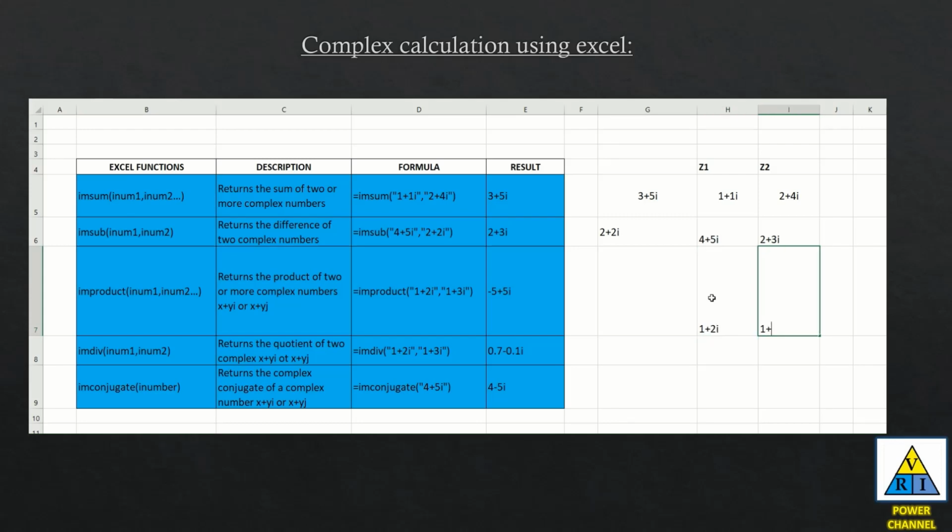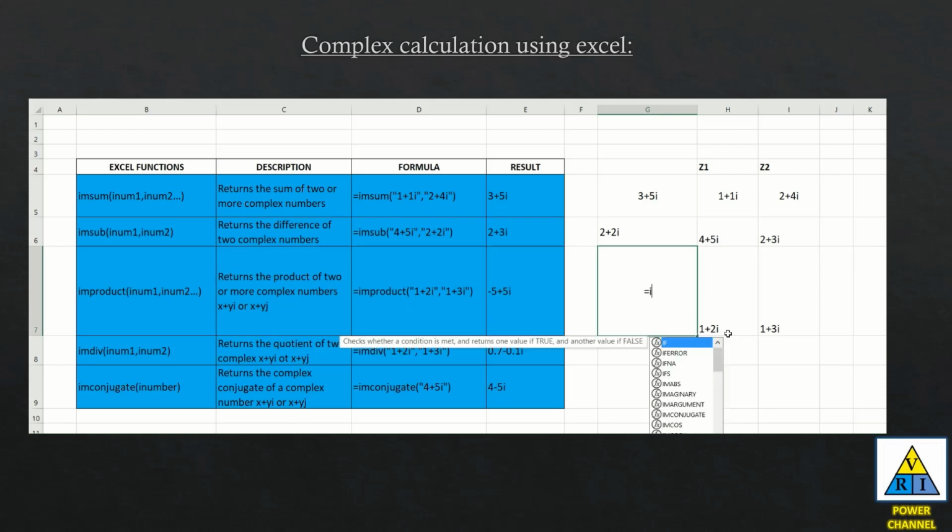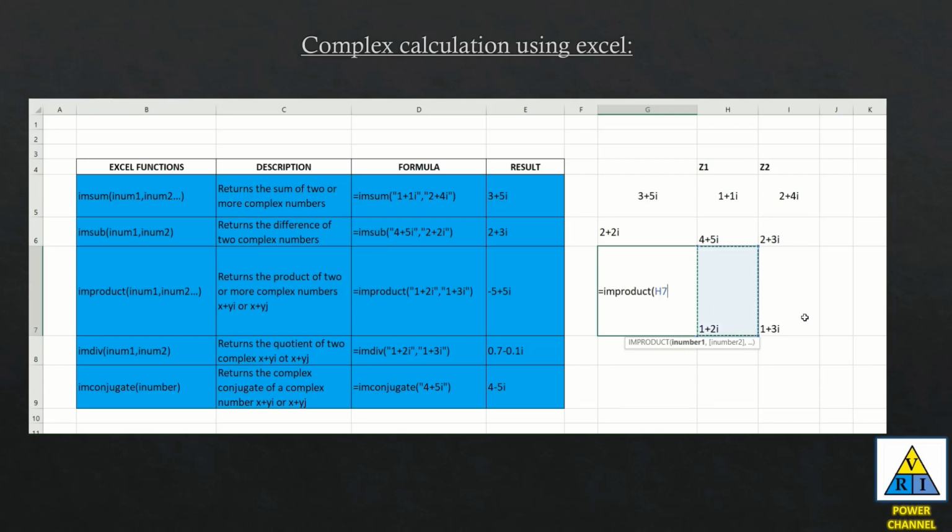Next, we have IMPRODUCT, which returns the product of two or more complex numbers. For IMPRODUCT of 1 plus 2i and 1 plus 3i, which yields negative 5 plus 5i.